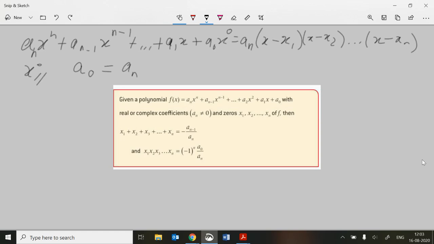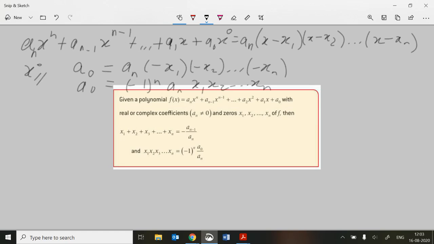So we're getting minus x1 times minus x2 all the way up to times minus xn. Now we can factorize out our minus 1 to the power of n. We've got a_n there, and now the multiplication of all of these terms, x1, x2, all the way up to xn.